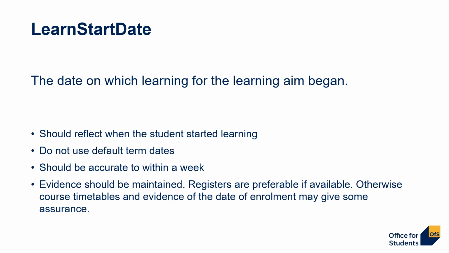And we would expect that evidence is maintained to show that the start date has been reported accurately. Now, the best piece of evidence for this is registers. So if you have those, especially if they are kept online, then that's ideal. Any other evidence such as course timetables or date of enrollment may give some assurance, but nothing is going to beat those registers.